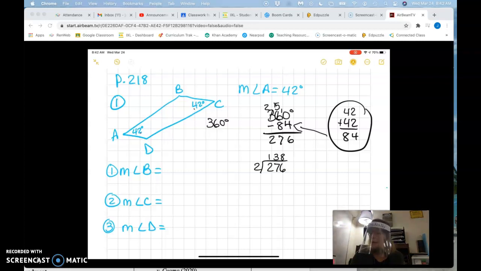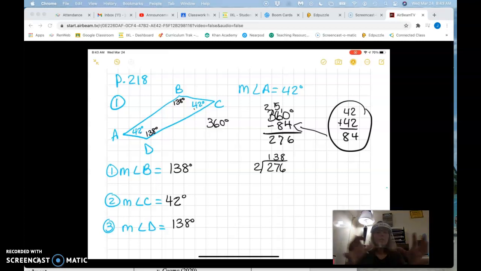Then we divided that in 2 because we have two angles that equal 276, and we got 138. So that means that angle B is how much? 138. Angle C? 42. And angle D? 138. There we go. Okay?